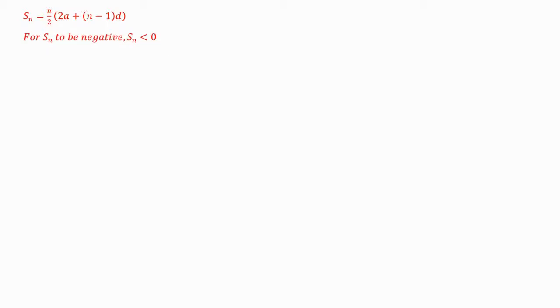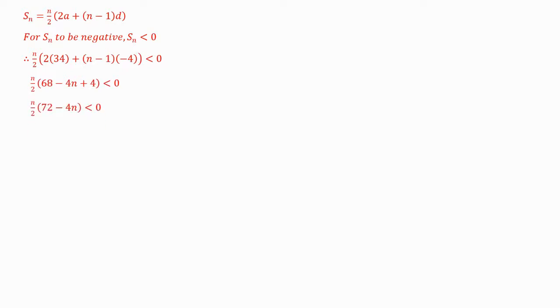And we've been asked to find the number of terms where the summation is negative. So for the summation to be negative, it means it is less than 0. Therefore, n over 2 into 2 into 34 plus n minus 1 into -4 will be less than 0. n over 2 into 68 minus 4n plus 4 is less than 0.